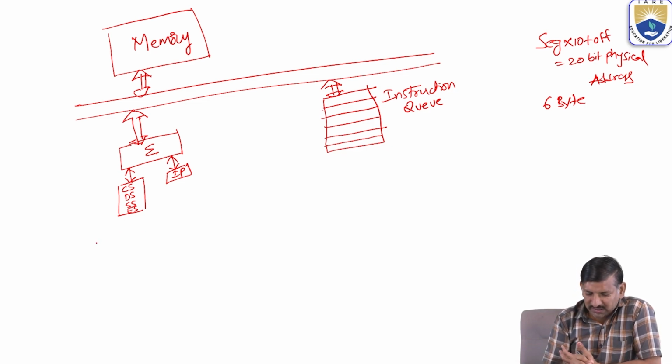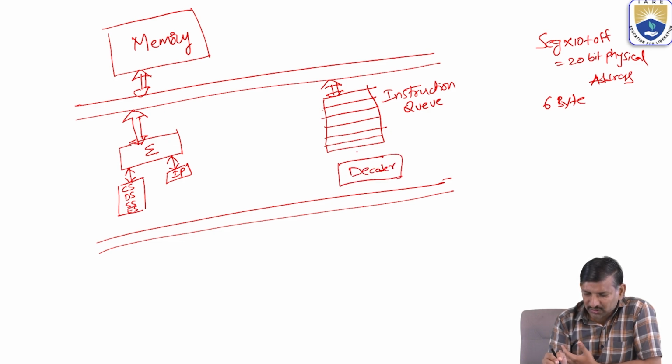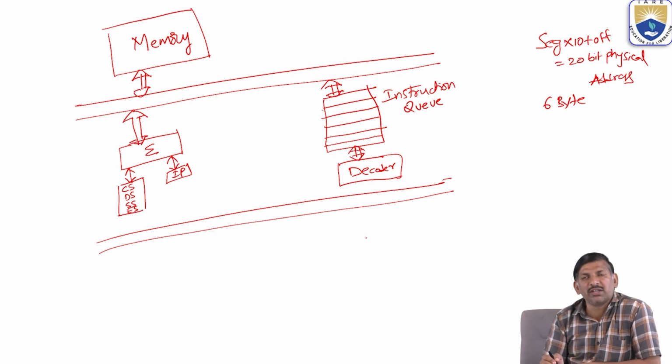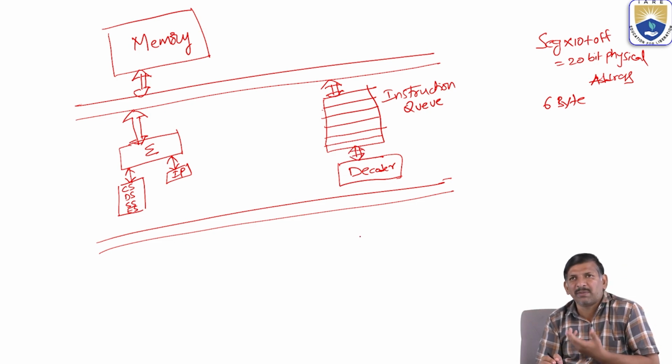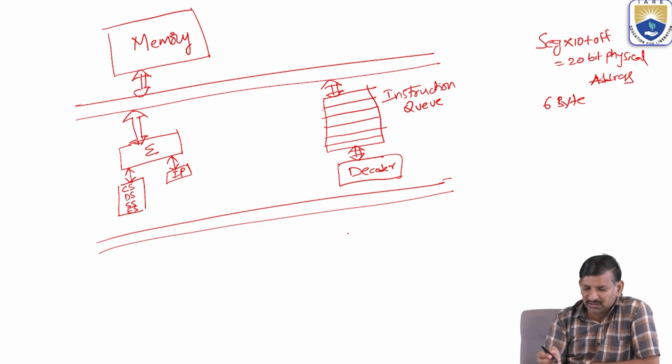Then the instruction is decoded. After decoding, based on the operation, either arithmetic logical operations or control operations, it is given to the corresponding control unit.